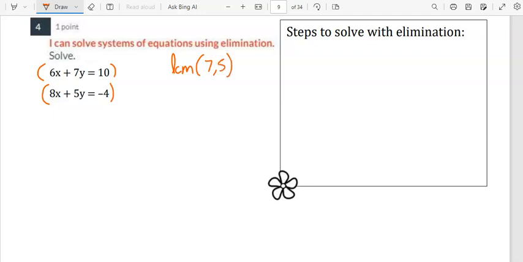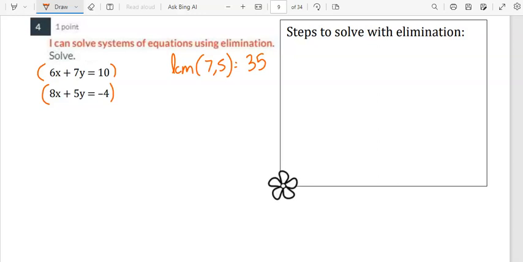We want to find the least common multiple of 7 and 5. In this case, it's 35. We want one equation to be a positive 35, and we want the other equation to have a negative 35.